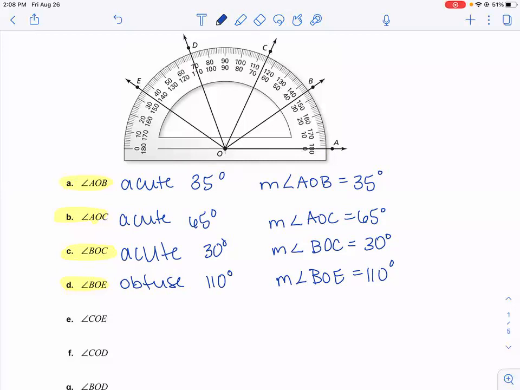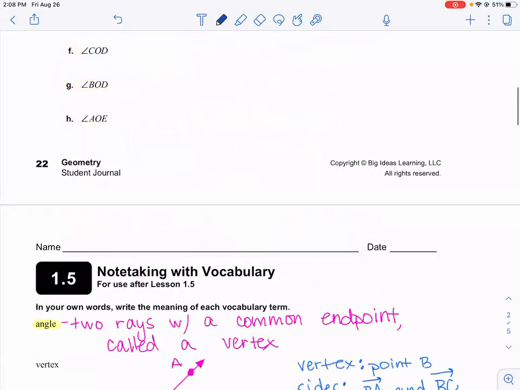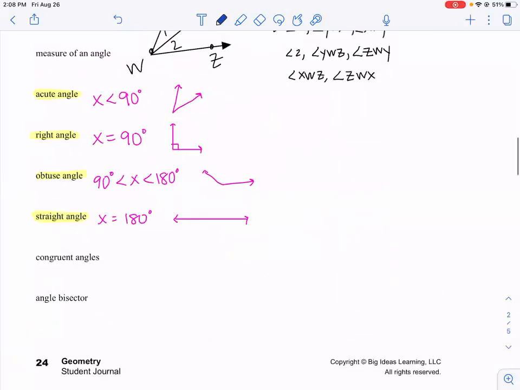All right. So let's go back to page 24, where we're doing all of our notes. In your own words, Stella, what does it mean for two segments to be congruent? Oh, that's exactly it.